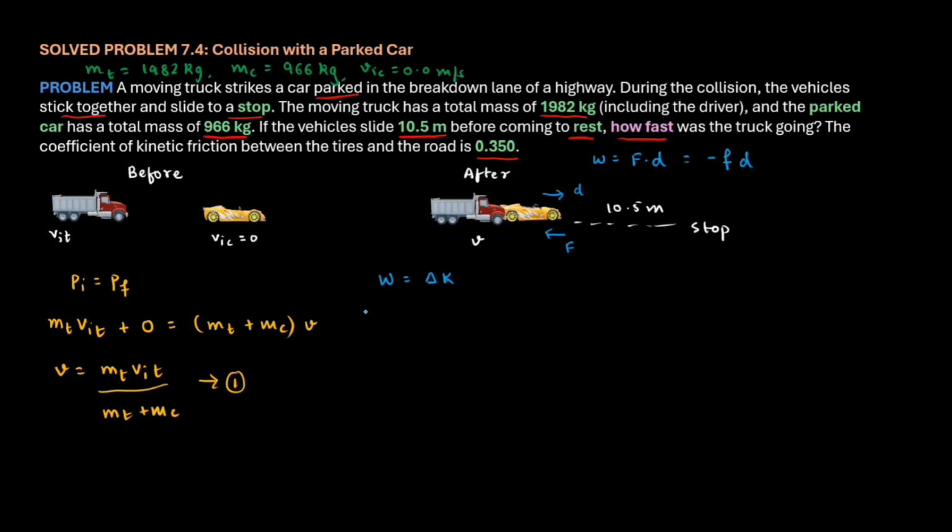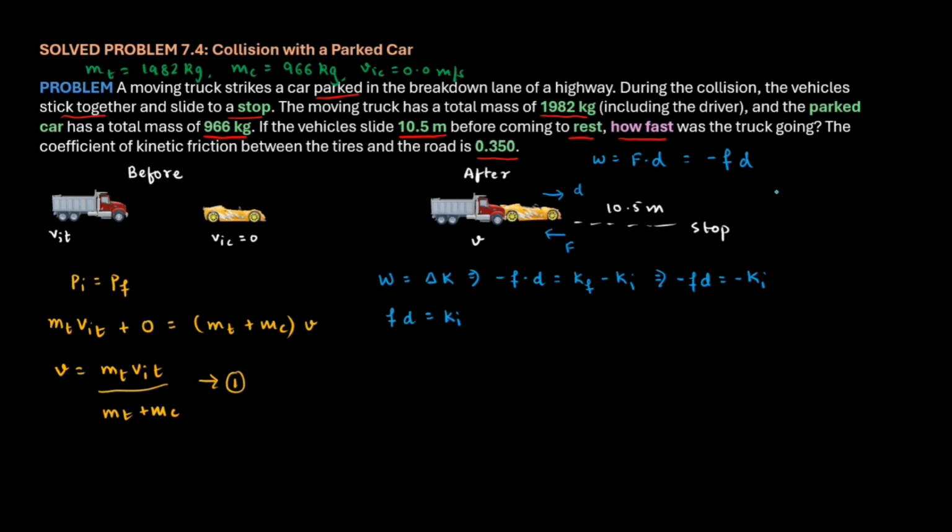So we can write this as negative F times d. Change in kinetic energy is final kinetic energy minus initial kinetic energy. Final kinetic energy of the system is 0 as they come to a stop. So we get negative F times d equals negative K initial. You can cancel off the negative sign. That gives you force of friction times d equals K initial.